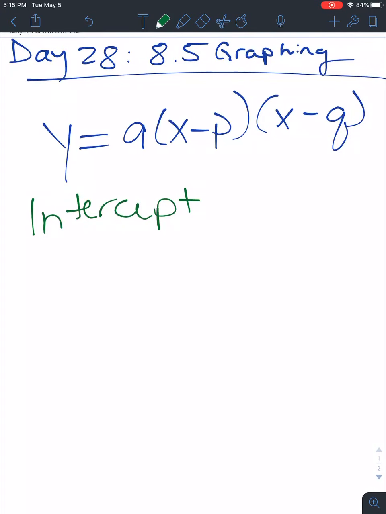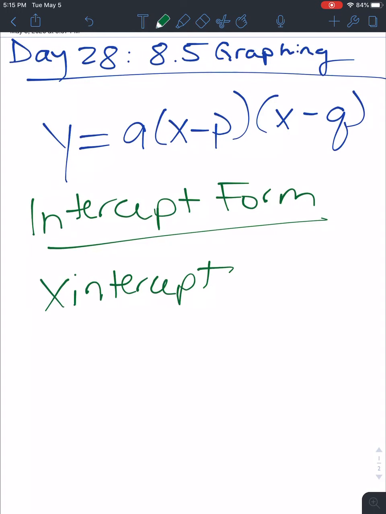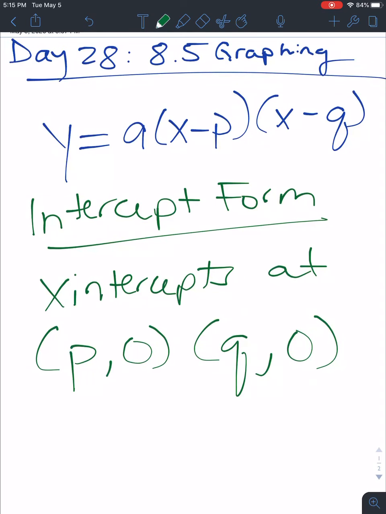So y equals a times x minus p times x minus q is called intercept form because we have x-intercepts at p comma 0 and q comma 0.